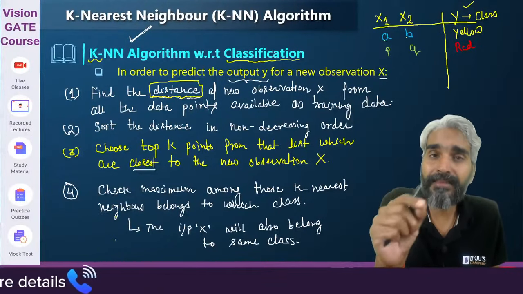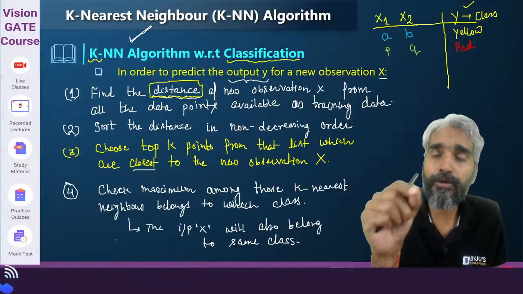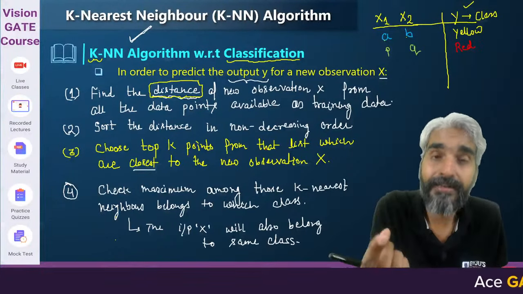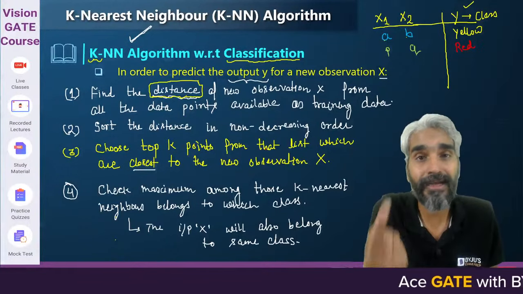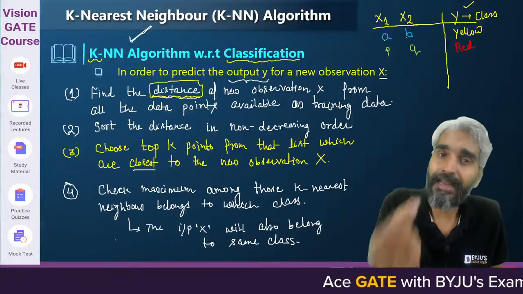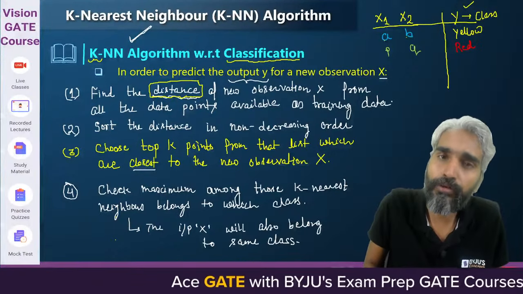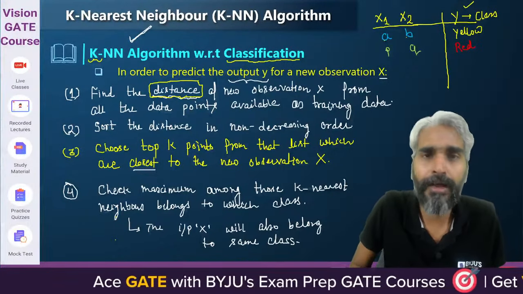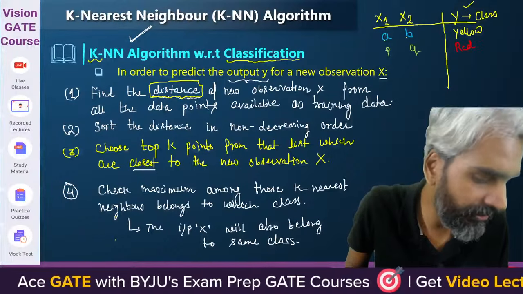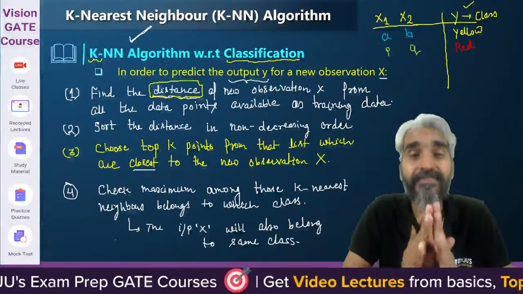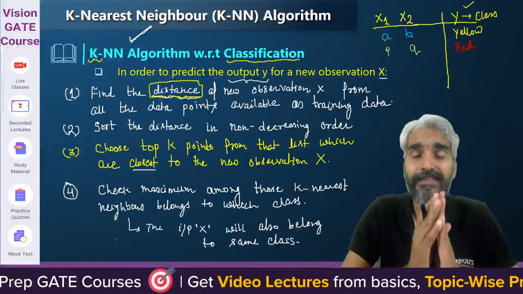Then select the k closest points to this new point and check which particular class the maximum among those k data points belongs to. Whichever class the maximum neighbors belong to, this new element will also be a member of the same class. Clear? So this is the classification problem.